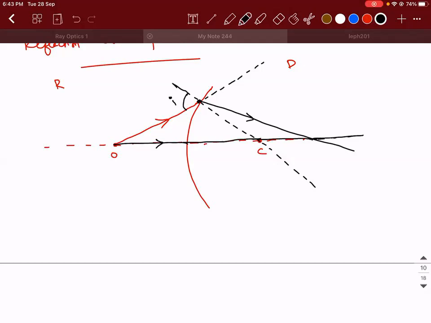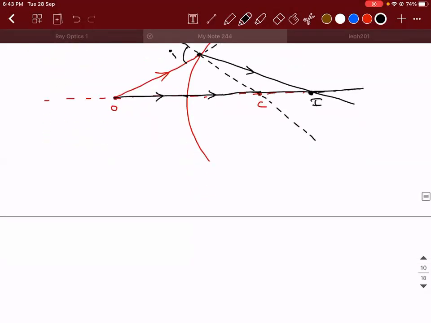This is the point where the image is formed. So this distance is the image distance, this distance is the radius, and this distance is the object distance.